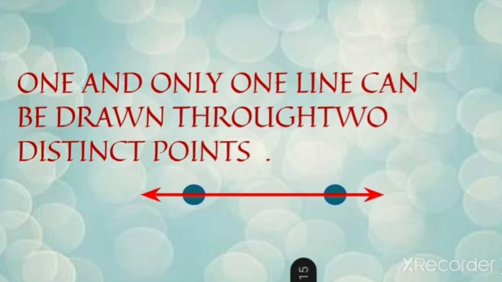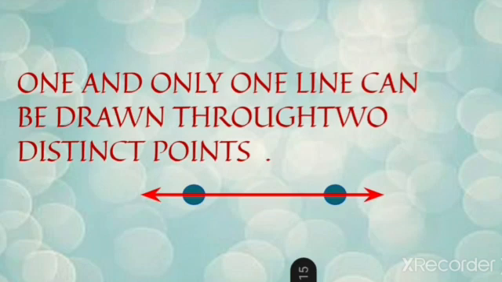Students, if we take 2 points and try to pass a line which will pass through both the points, how many such lines can pass through both the points?